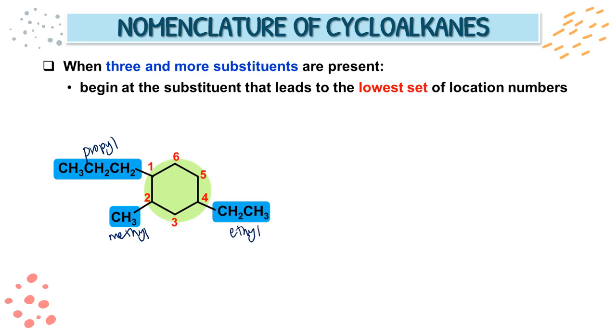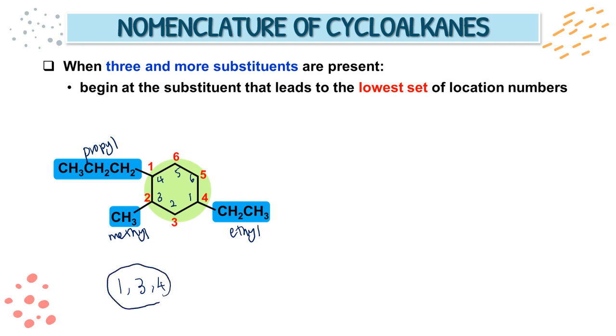By right, if we followed the previous step, we would put the first number on ethyl, because E comes first before P and M. So if we put E first, 1, 2, 3, 4, 5, 6, the combination we get is 1, 3, and 4.